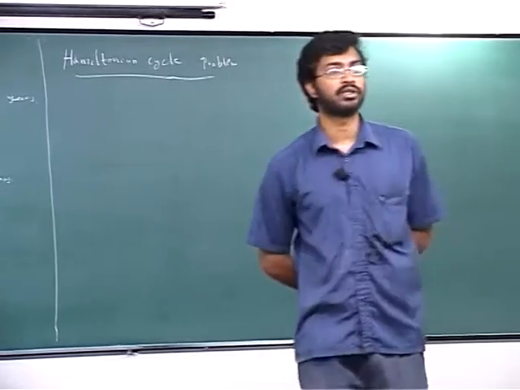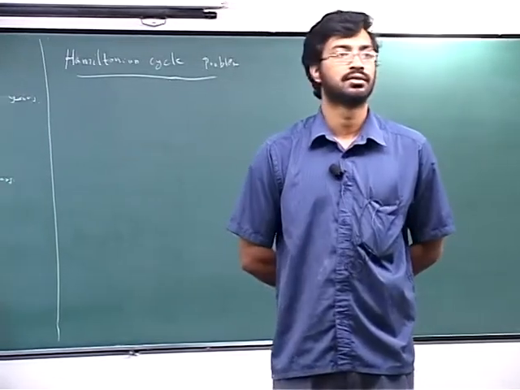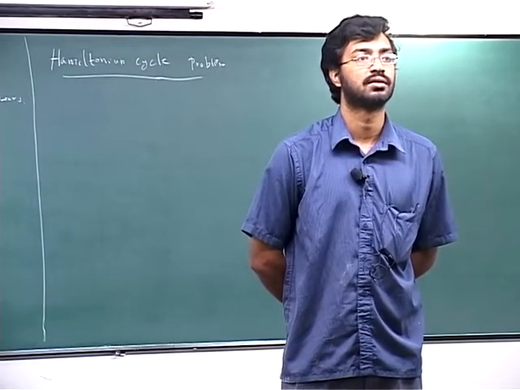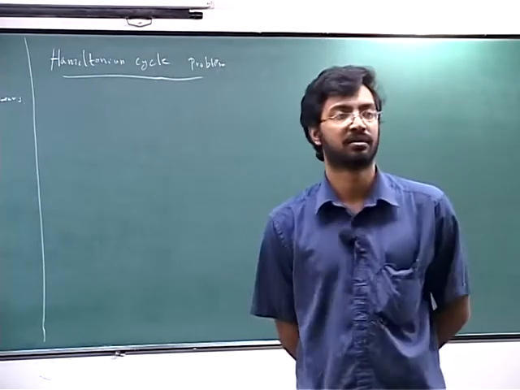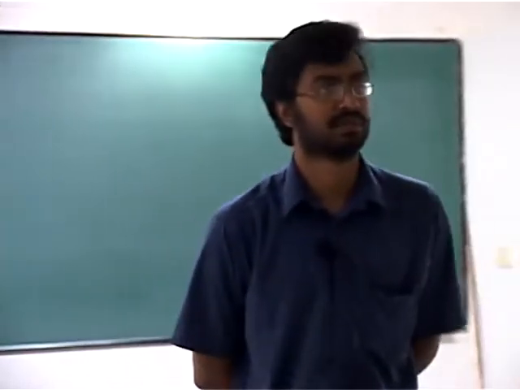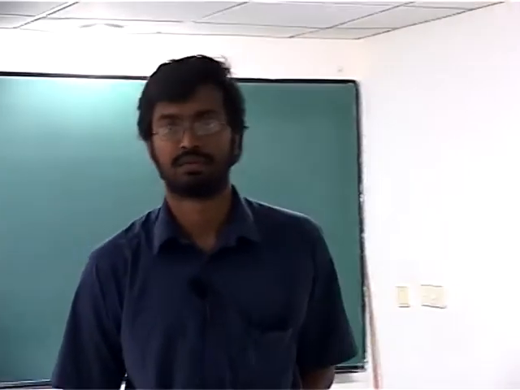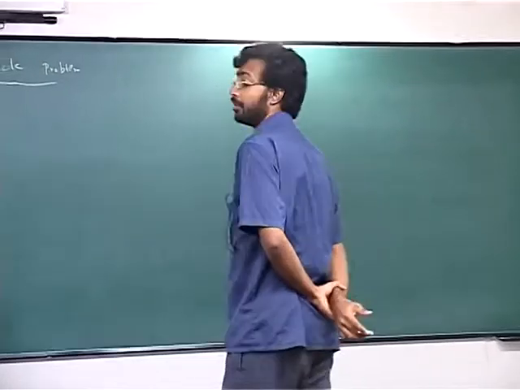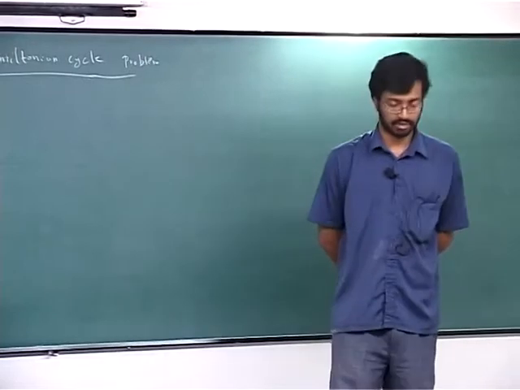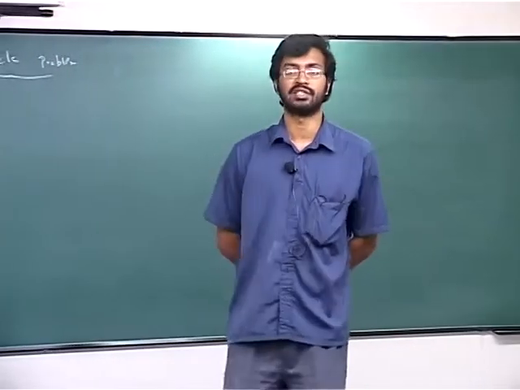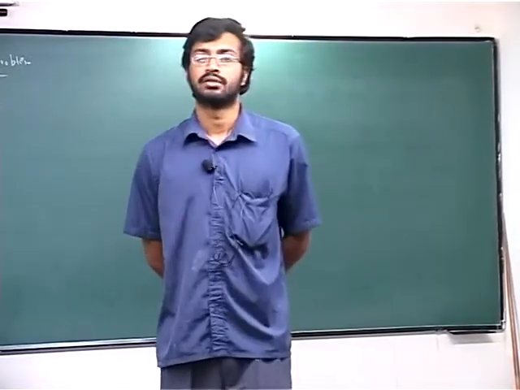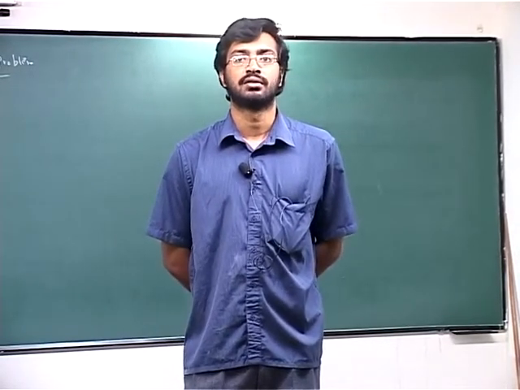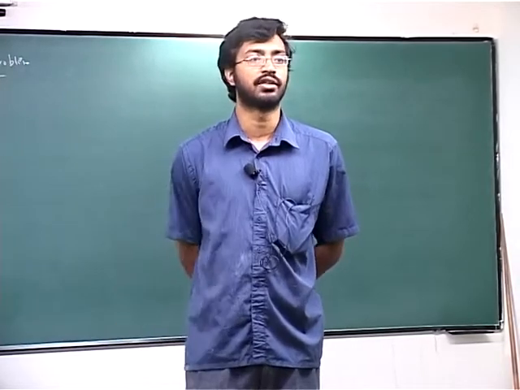Do you know what a Hamiltonian cycle in a graph is? A Hamiltonian cycle in a graph is a cycle which traverses all the vertices exactly once. It's a simple cycle which goes through all the vertices.